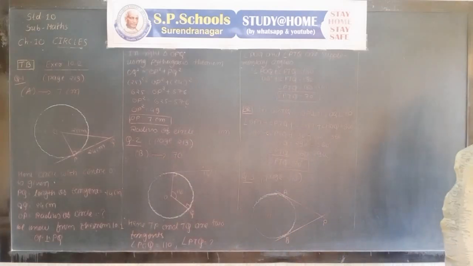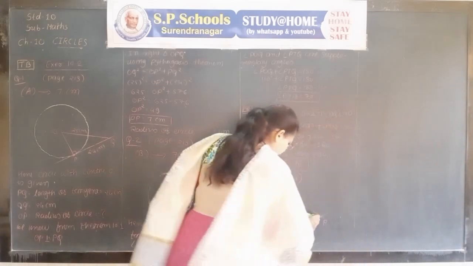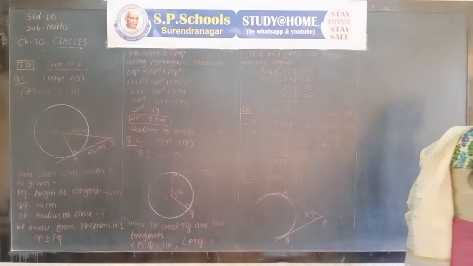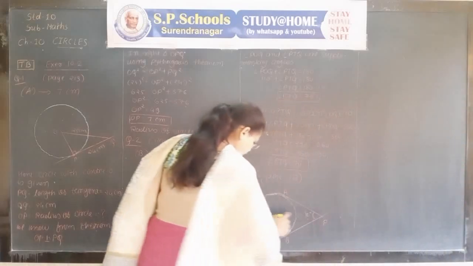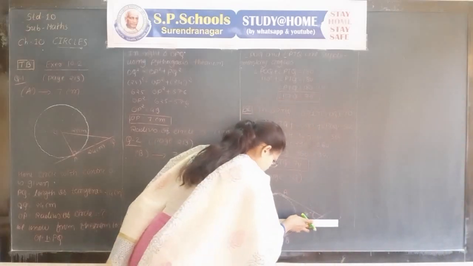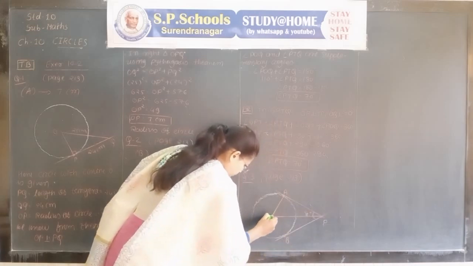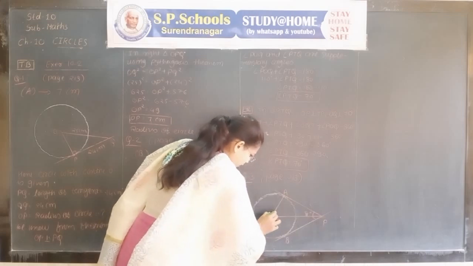Now, given that the two tangents are inclined to each other at an angle of 80 degrees, angle APB is 80 degrees. Find angle POA. We need to find this angle.